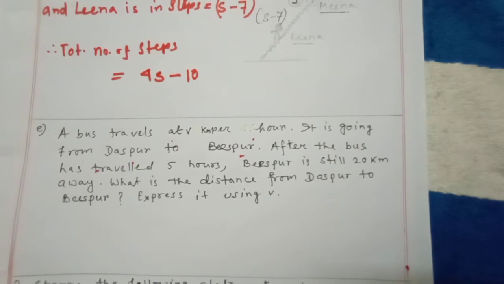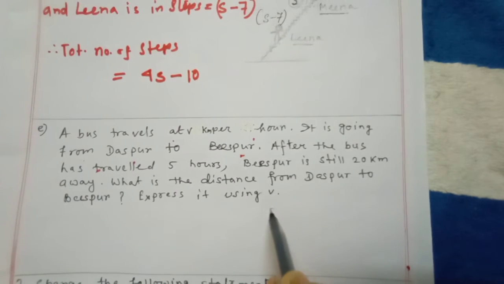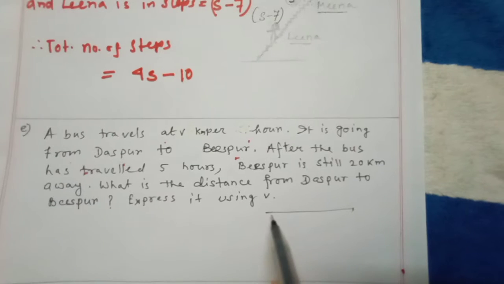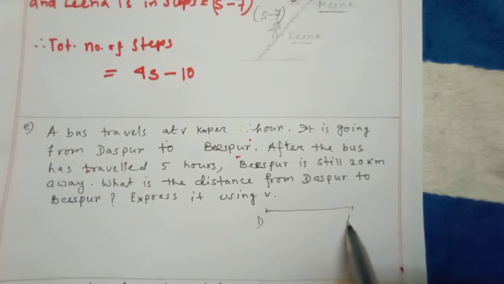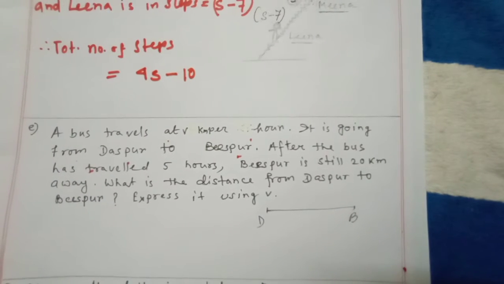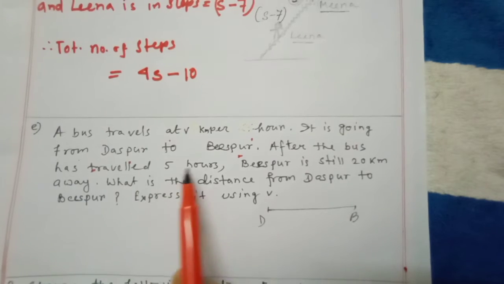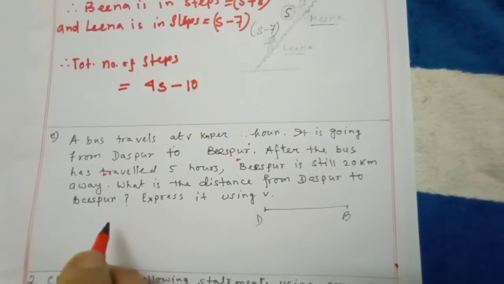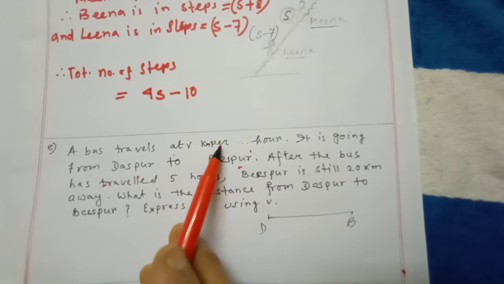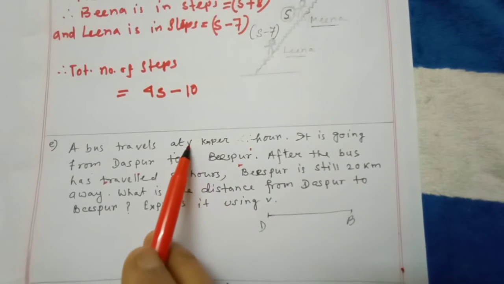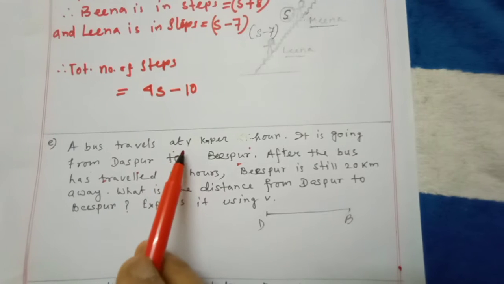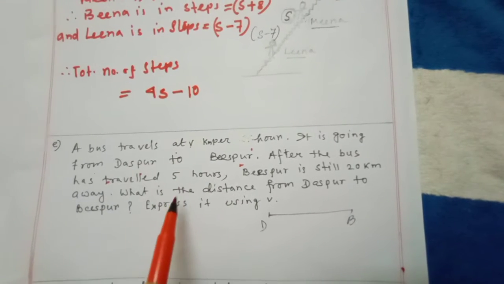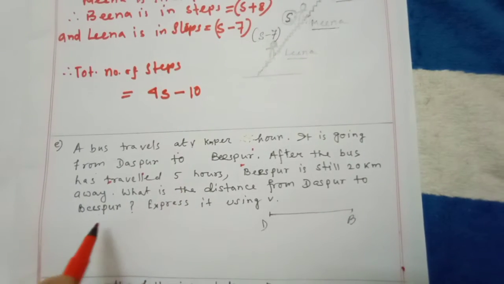This is Dashpur and this is Beshpur. And the speed of the bus is V kilometer per hour. That means in 1 hour it travels V kilometer.